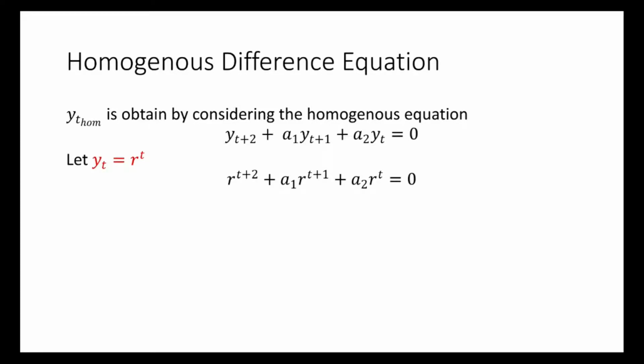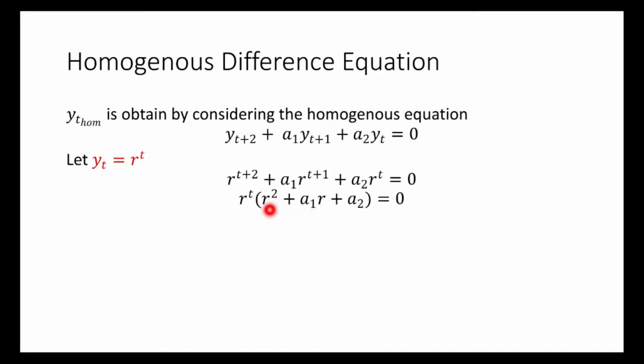So in that case, we substitute the assumed solution into the original homogeneous equation, and we get this. And of course, we can take out the r to the power of t, and we have this equation.